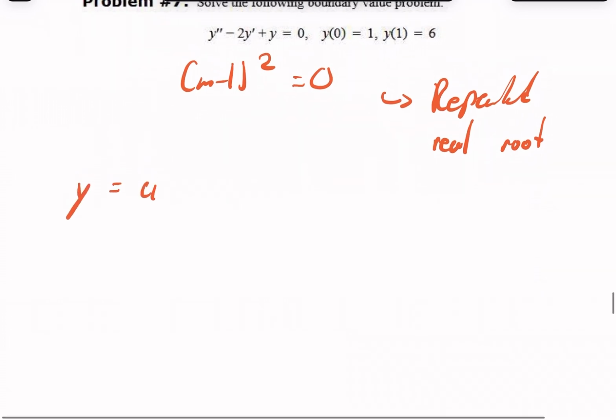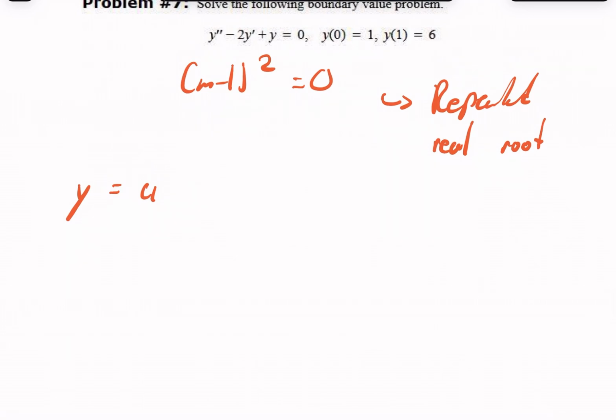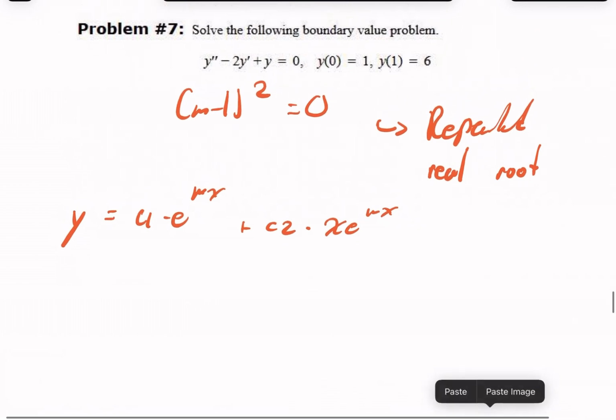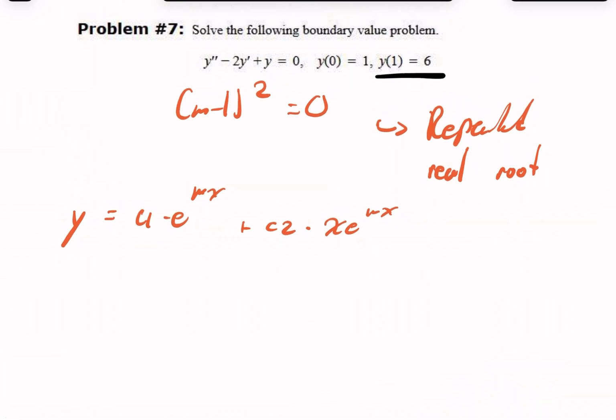So our complementary solution to this equals c1 times e to the mx plus c2 times x e to the mx. And I really like this question because they don't give you the y prime. And that's for a reason, because you don't actually need it, which is the crazy part. And we know that m in our scenario for both of these is 1.